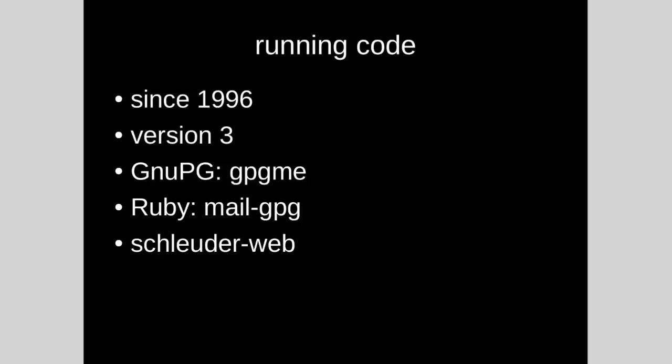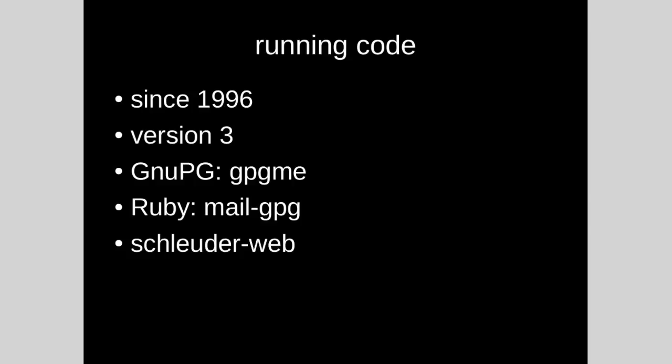Schleuder has also been a scratch-my-own-itch project. It's been in various stages. The first was just a Perl script written some 22 years ago, but it went through multiple iterations, now up at version 3. It does use email encryption with OpenPGP, with the pretty widespread GnuPG implementation.